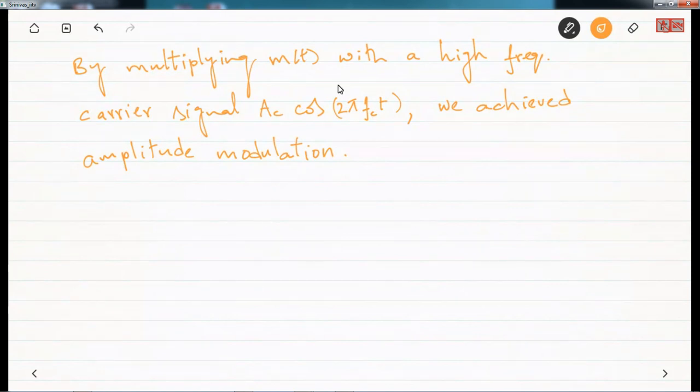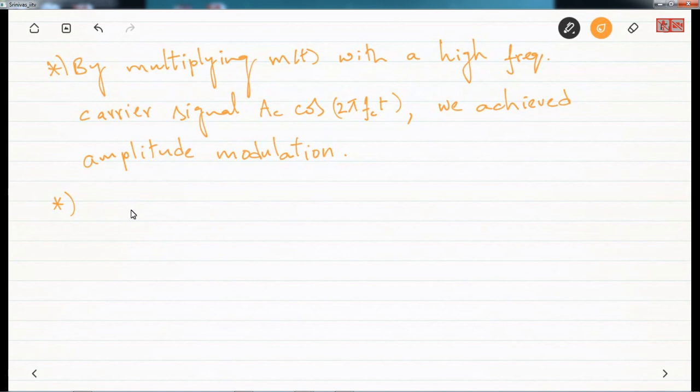Now let's be more precise. Let's specify it more carefully. What kind of amplitude modulation is this? So this is called, okay, let's see that.